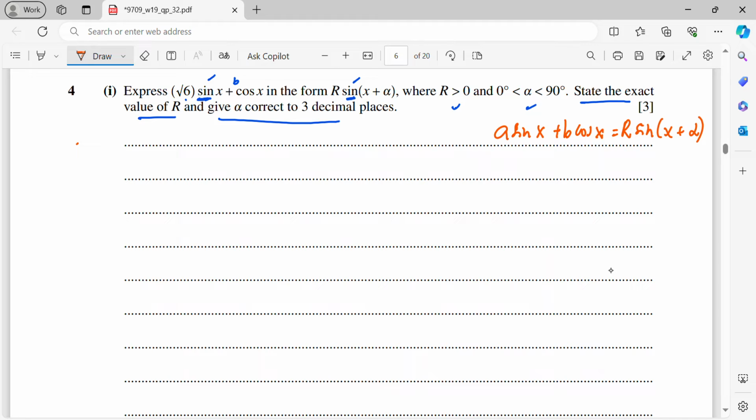Alright, so if here sine, this is sine. That means now your r is square root of a squared plus b squared, then the alpha will be inverse tangent of b over a. So it must follow: here sine, this is sine.